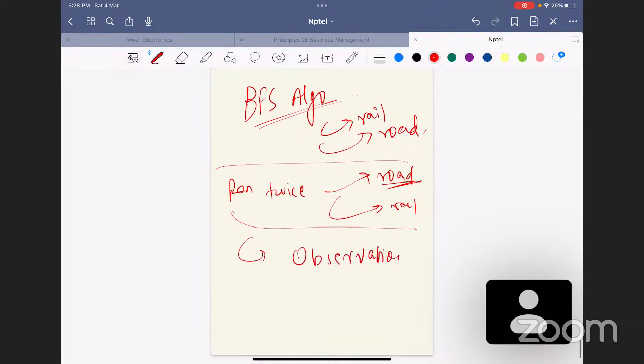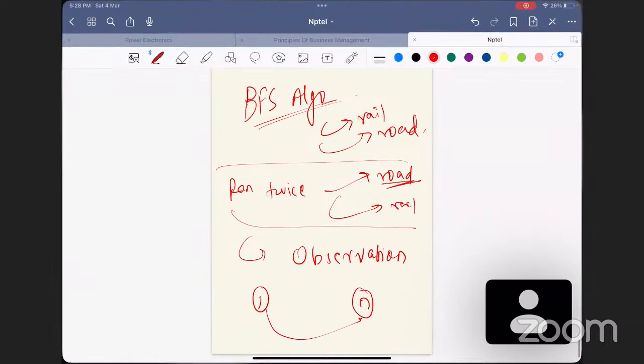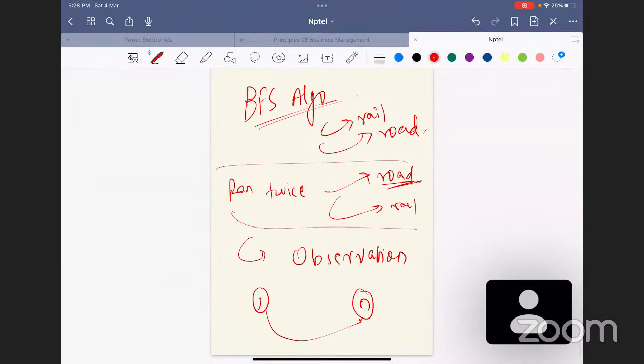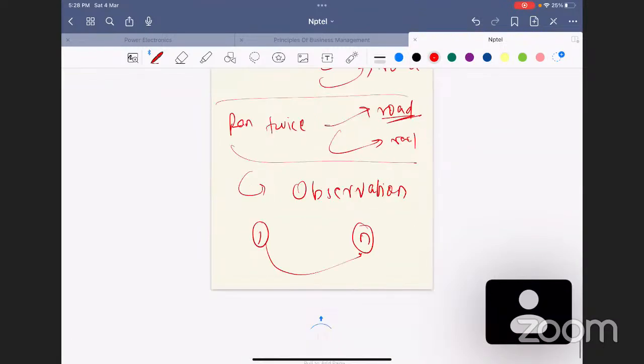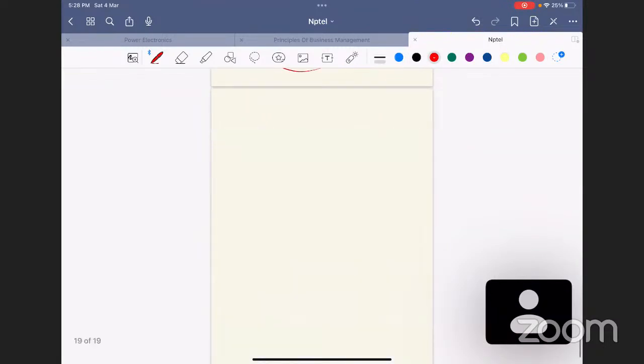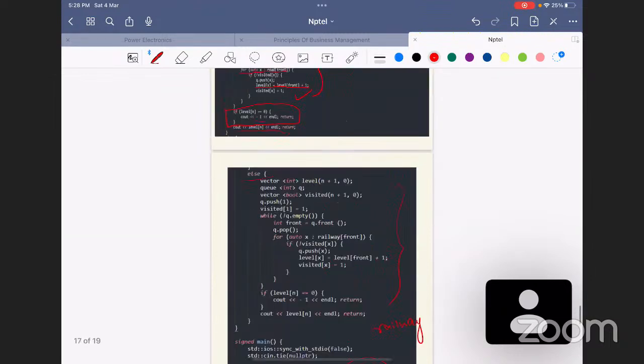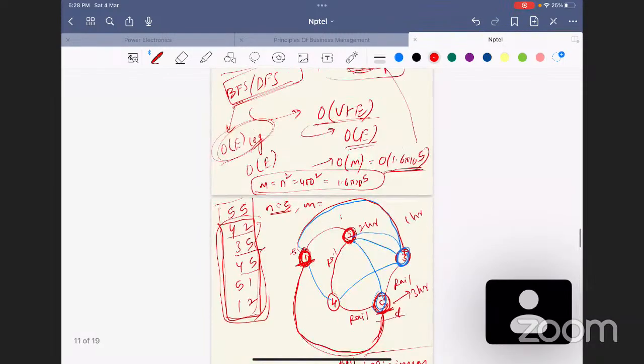This was a very good observation by Mihir, that from 1 to n, either we will have a railway network or a road network, so there is no need to do a second BFS traversal. Observation is very important. I hope everyone understands the week 5 problem statement as well as the solution.